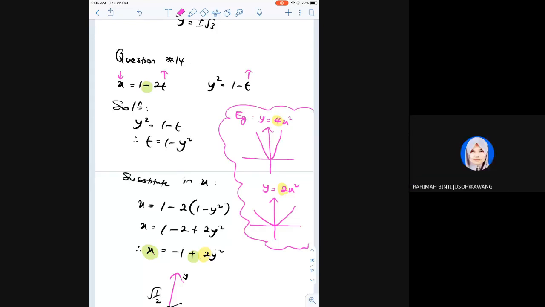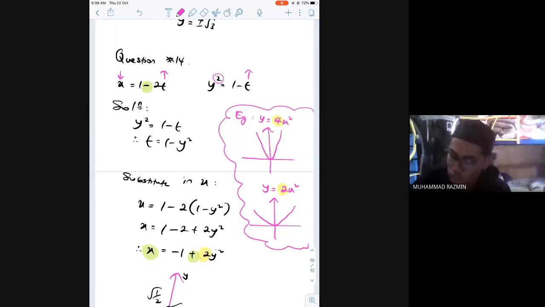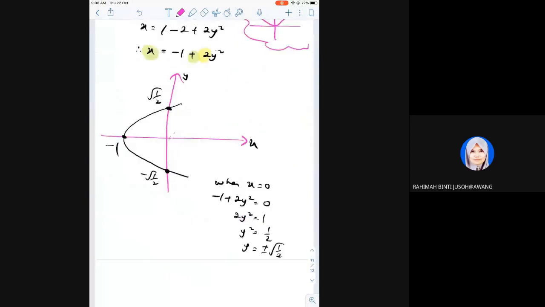Okay, tapi dia maintain sebab dia square kuasa 2 ni lah. So dalam kes ni, kita tengok pada x, dia makin decrease kan? Maksud x decrease dia menghala ke arah negatif x, betul tak? Dia makin berkurang. So maksudnya sebelah kiri kan? So should be like this, sebelah kiri. Like this. And like this. Right? So that's the orientation for this question. Okay? Understand guys?